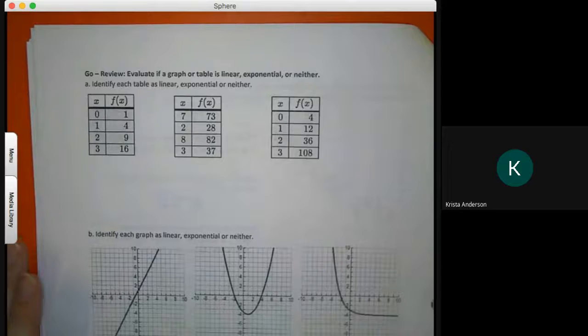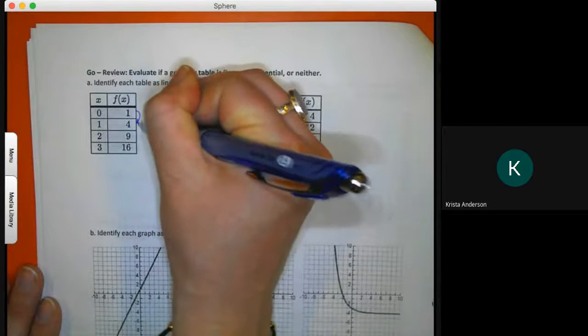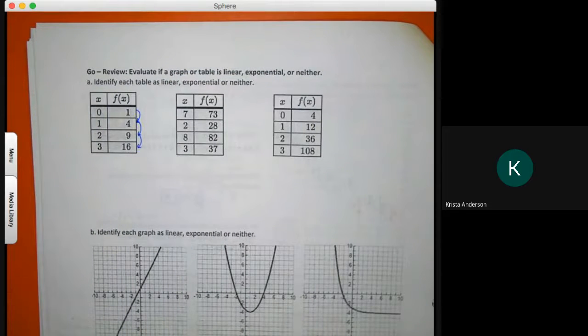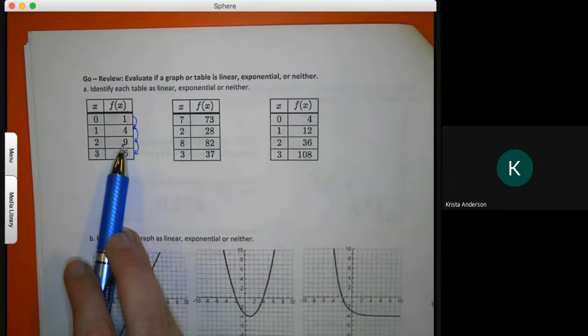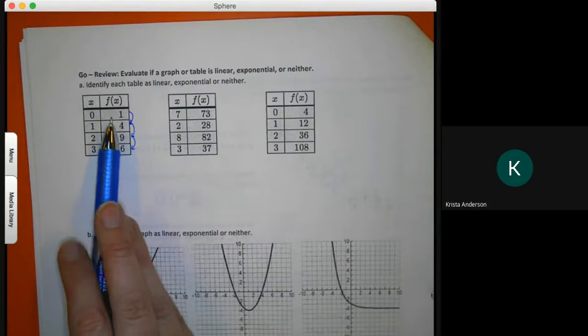Oh, these are the nice ones. All right, what is the pattern on the left graph? 1 to 4 to 9 to 16. If I say multiply by 4, that would be wrong because 4 times 4 is not 9. It's not multiplying. If I would do 1 to 4, it'd be plus 3.